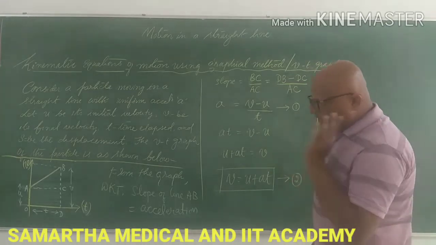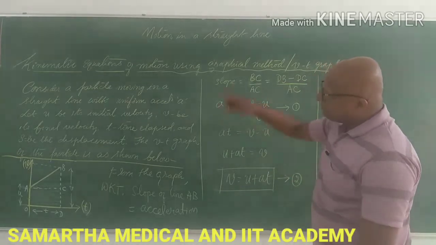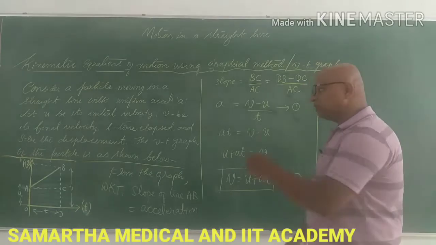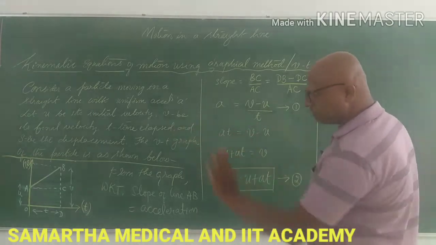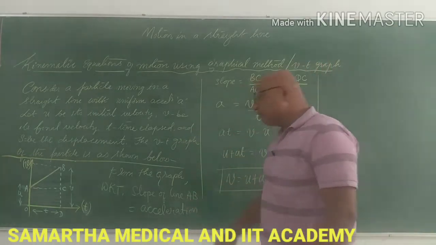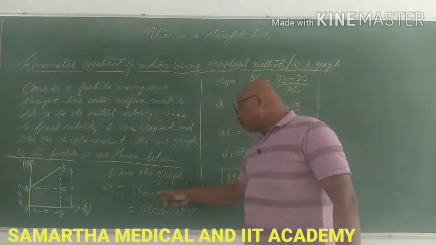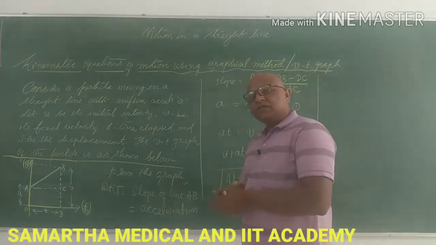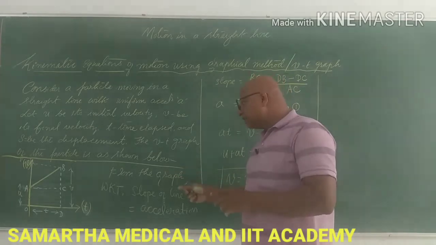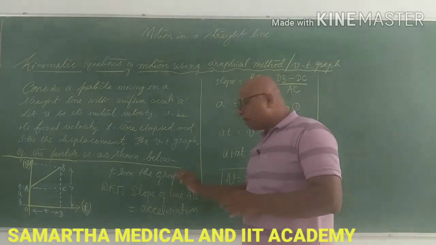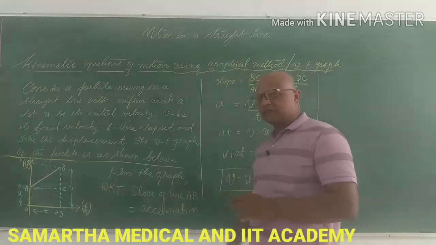See, first we have written the graph correctly, and we have explained what is to be written in the graph as shown below. And from the graph, we have used the first identity. What is that? The slope of line AB is nothing but acceleration, because in the VT graph, the slope always represents the acceleration.